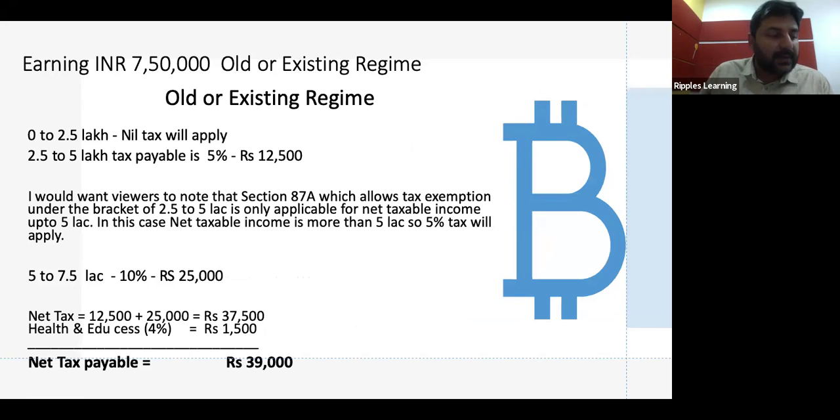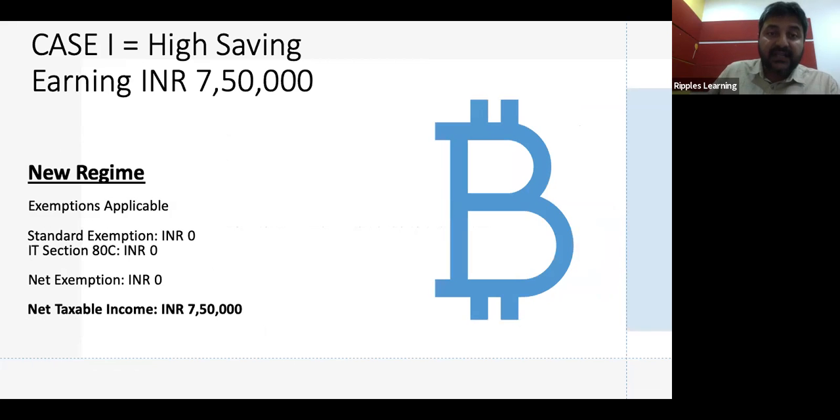You cannot directly apply. 0 to 2.5 lakh, nil tax. 2.5 to 5 lakh, 5% of 2.5 lakhs, which is 12,500. 5 to 7.5 lakh, it is 10% of 2.5 lakh, which is 25,000. So net tax is 37,500. You add education and health cess, which is 1,500. So net tax payable is 39,000 rupees in the new regime.